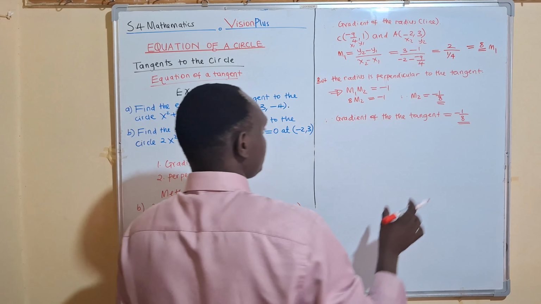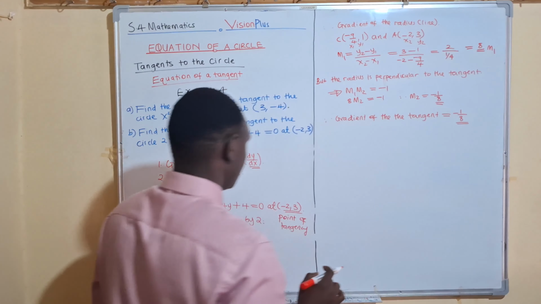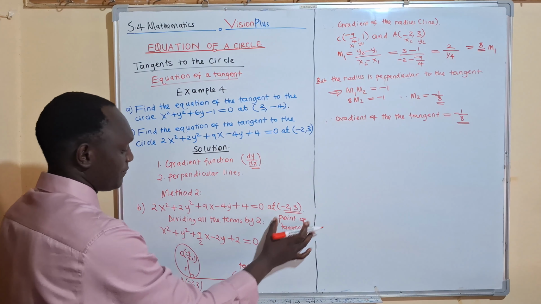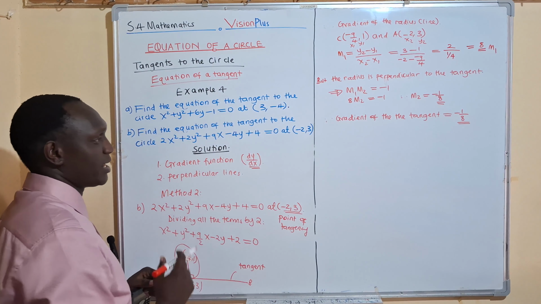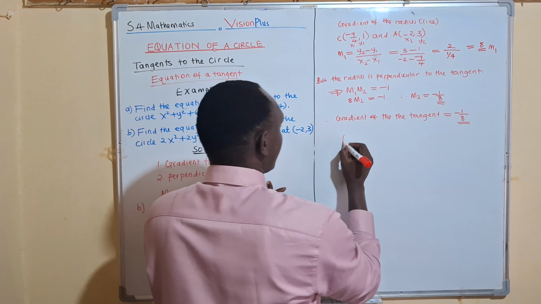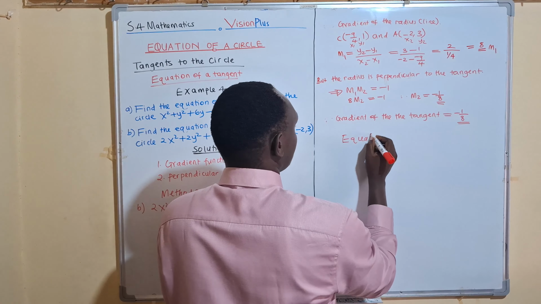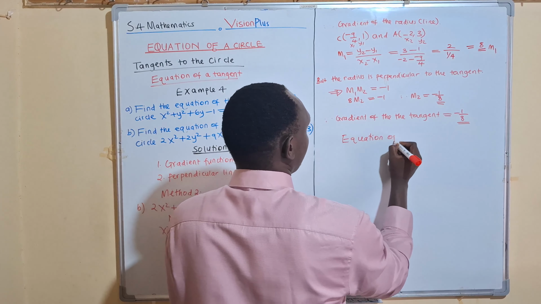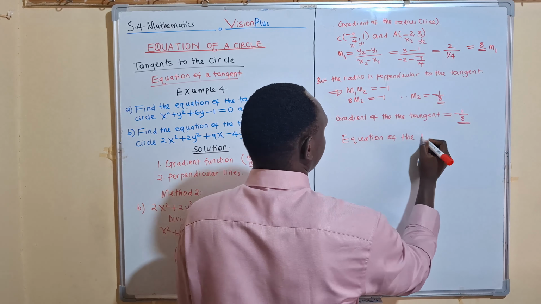Now, after getting the gradient of the tangent, and you know the point of tangency, which lies on the tangent as well as on the circumference of the circle, we can then find the equation of the tangent using the point of tangency and the gradient.